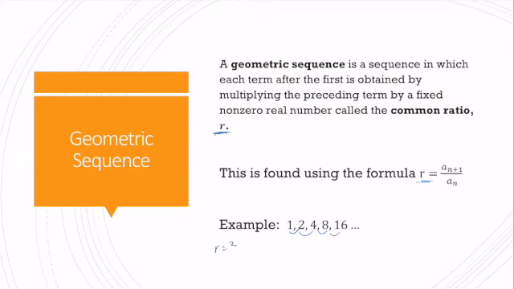So I have r equals 2 over 1, which is 2. r equals 4 over 2, which is 2. r equals 8 over 4, which is 2. And r is 16 over 8, which is 2, right? We take the ratio of the second term to the first term, third term to the second term, and so on and so forth. So this is an example of a geometric sequence.